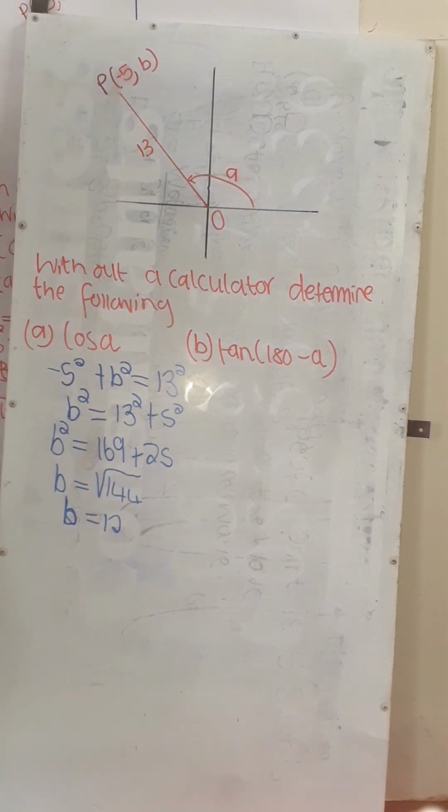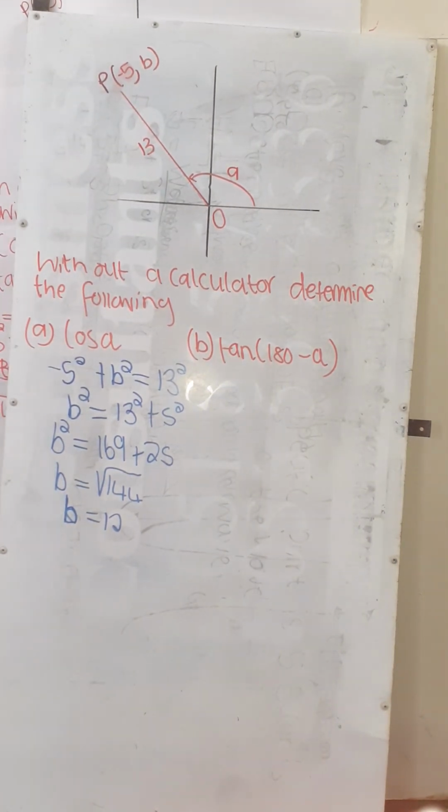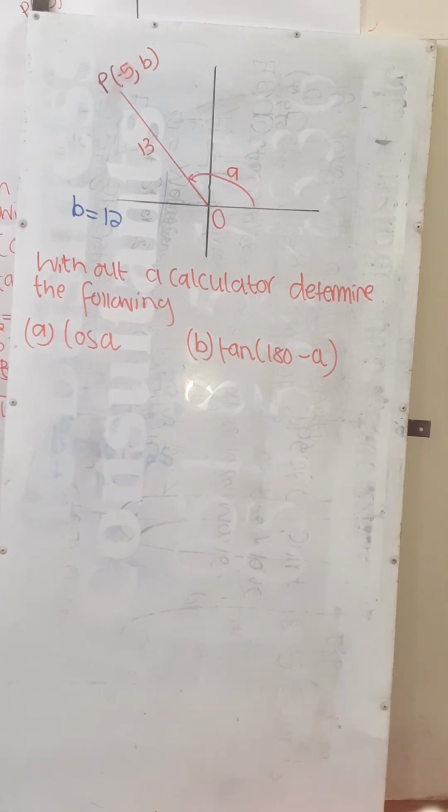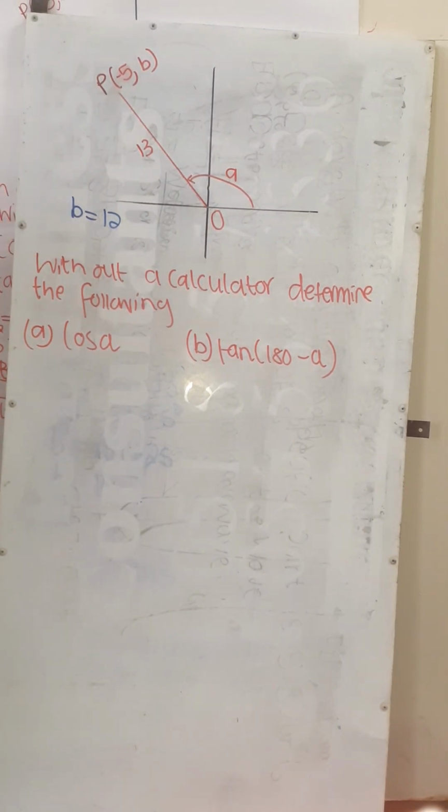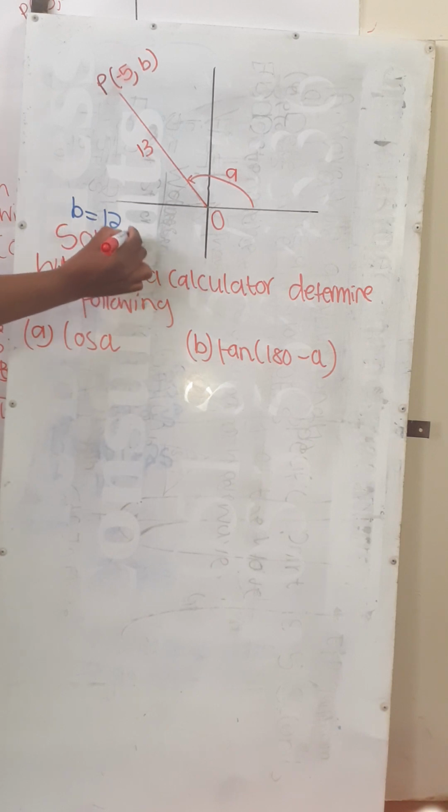Now we can determine number a, cos alpha. I've written b at the top here because I need the space to work. So let's write here SOHCAHTOA.